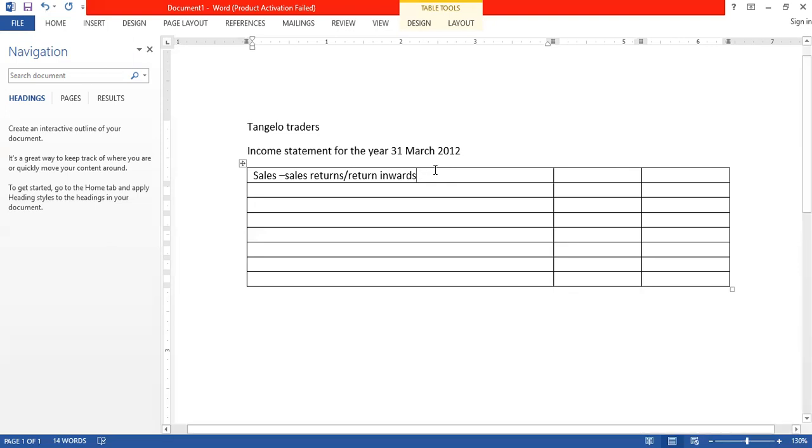So before you record the amount, you first need to check whether you have sales returns or return inwards. Looking at this exercise, there were no return inwards. So you record the amount as it is.